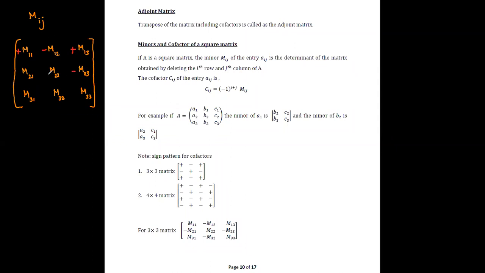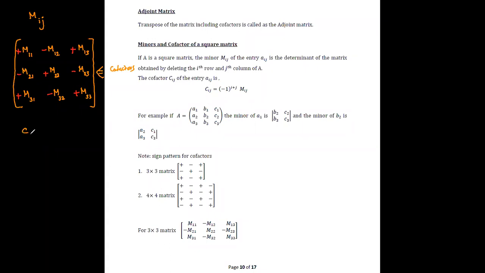Similarly, we can write down the sign pattern for the rest of the minors. Once you combine the minors with the sign pattern, you obtain the matrix which we call the matrix of cofactors.